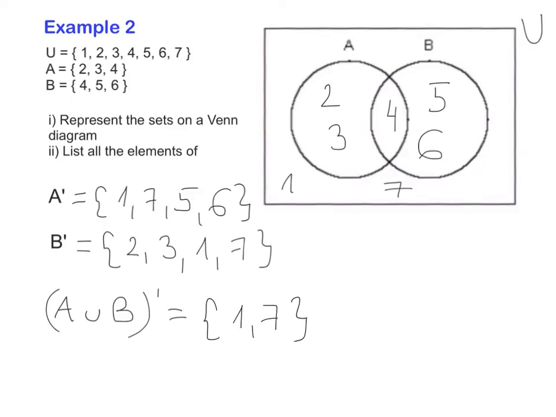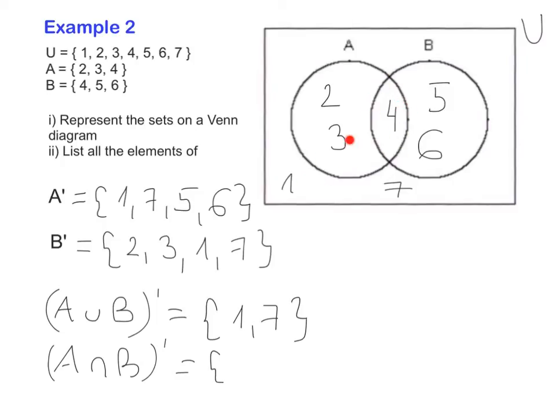And maybe one more, A intersection B complement. So first of all, look at A intersection B. A intersection B is in here, so this is the 4, only 4 goes in the middle. And now, what's outside this little region?